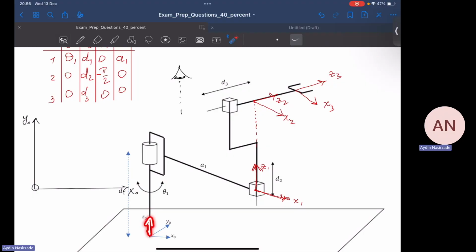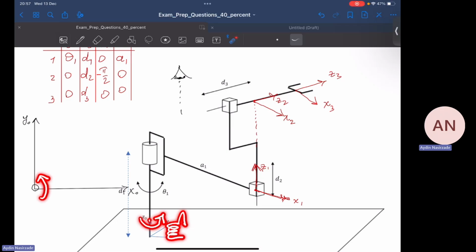Theta 1 is the angle around z0 by which I have to rotate x0 to make it align with the axis x1. And what is the positive direction of theta 1? My right thumb is directed upwards, and the curled fingers show the positive direction, which is this one.